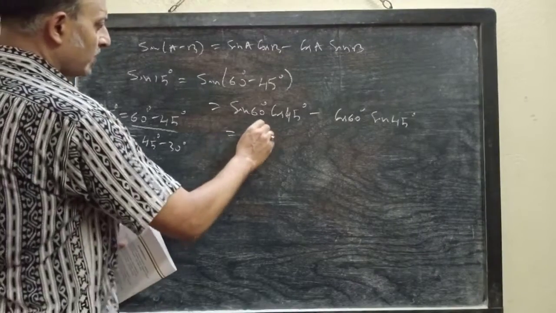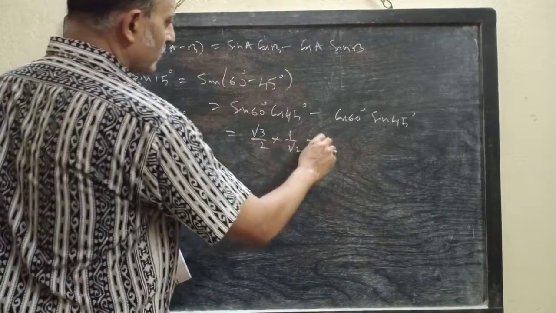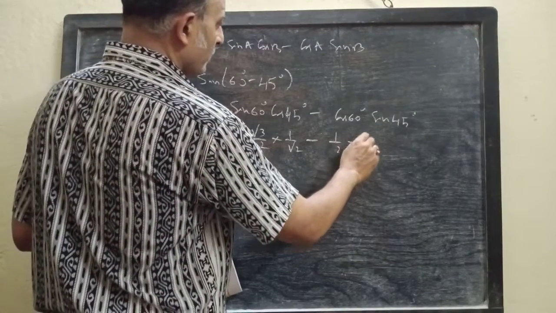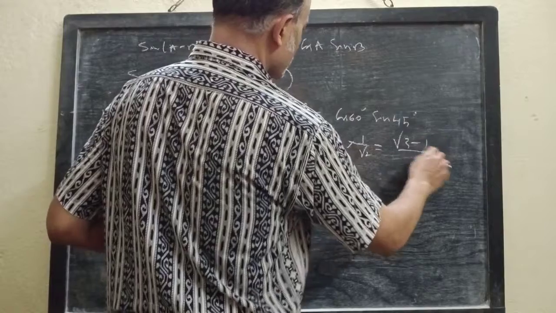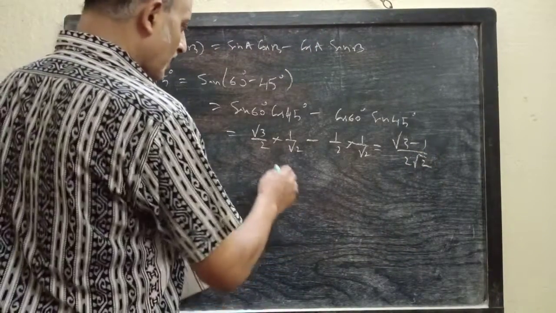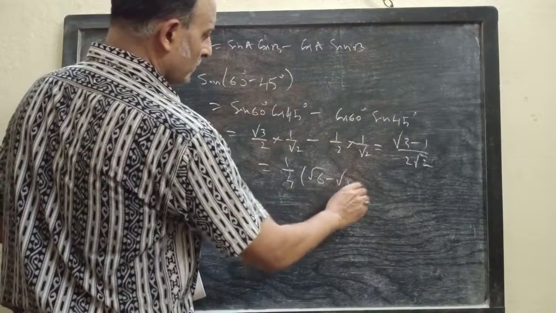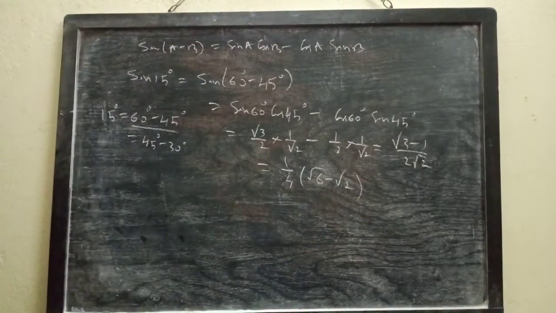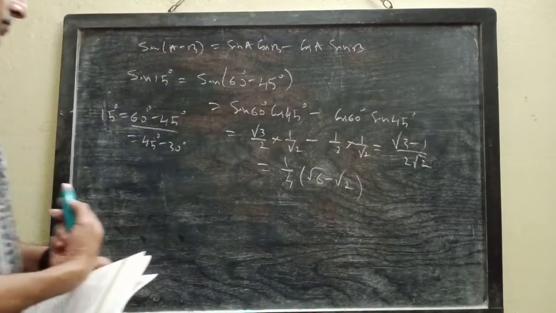Now just substitute the value. Sin 60 is root 3 by 2, cos 45 is 1 by root 2, cos 60 is half, sin 45 is 1 by root 2. So ultimately this becomes root 3 minus 1 by 2 root 2. Or you can write it as 1 by 4 into root 6 minus root 2, that is multiplying both numerator and denominator by root 2. You can write this also.